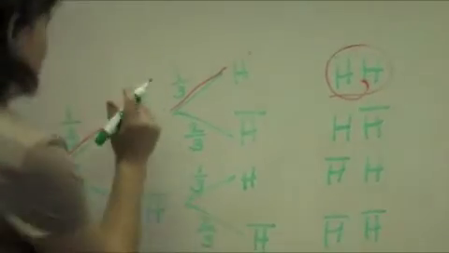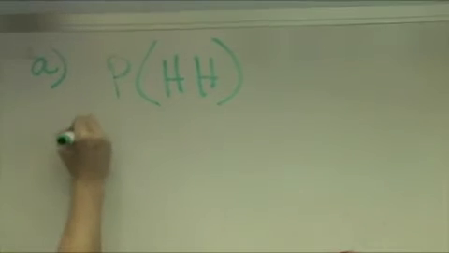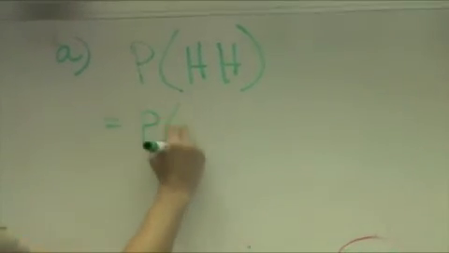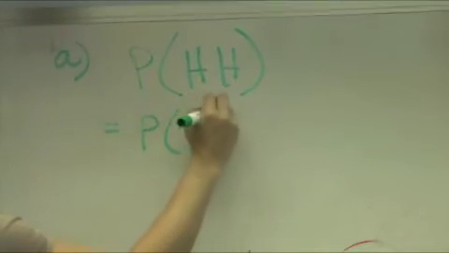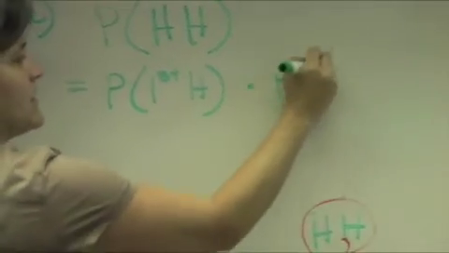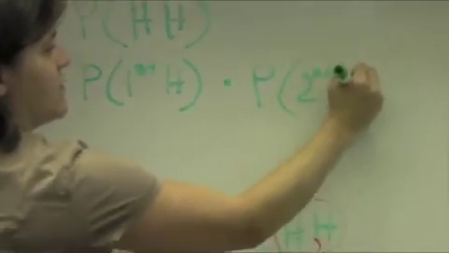So back up to our notation here, if we're looking for the probability of HH, this is the same as the probability that the first person died of a heart attack times the probability that the second person died of a heart attack.